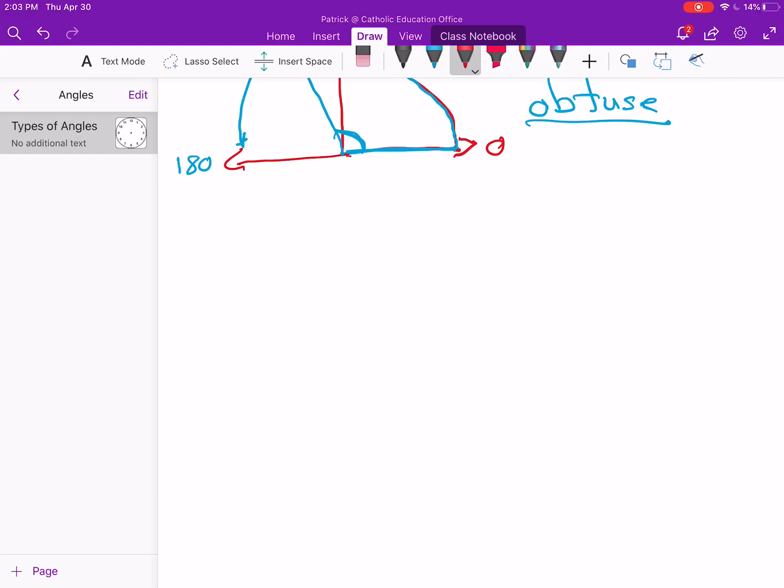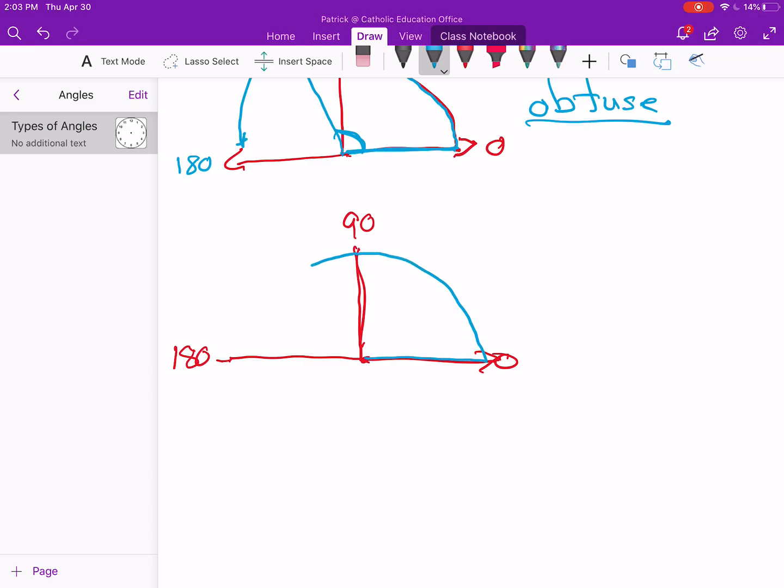Okay. Now, the next angle goes past 180. So we have our 0, and we have our 90, and we have our 180, and this angle starts at 0, goes up to 90, keeps turning, the arm keeps turning, gets to 180, and it goes past 180.